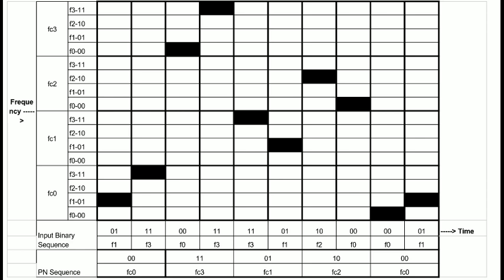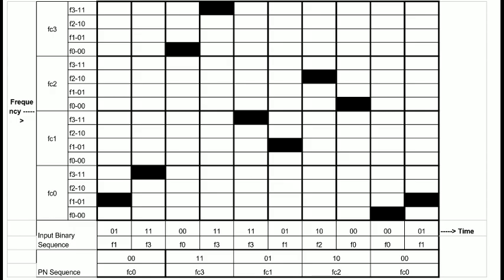In FC0, mark the 1 1 frequency. In the third instant, we have 0 0 as input binary sequence and 1 1 as PN sequence. So in FC3, mark the F0 frequency. In the fourth instant, we have 1 1 as input binary sequence and 1 1 as PN sequence. In FC3, mark the F3 frequency.